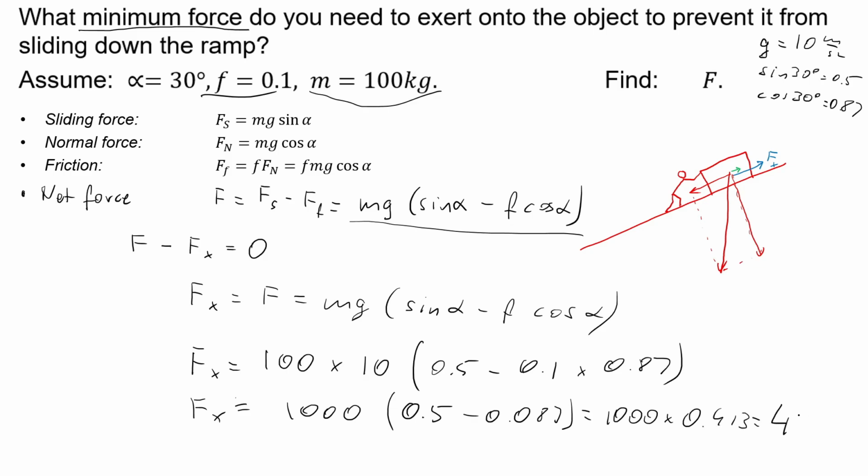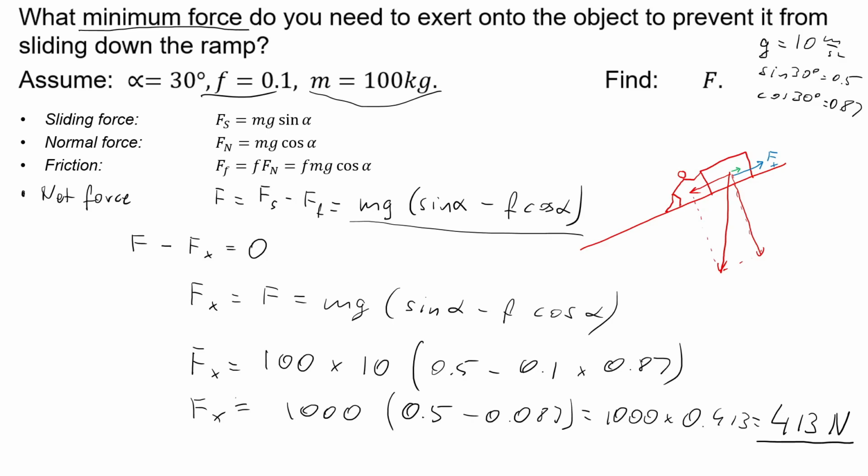This is 413 newtons. Newton is the unit of force. What this solution means, this is the minimum force you need to exert on the object to prevent it from sliding down the ramp.